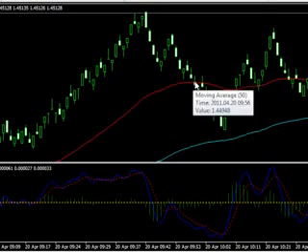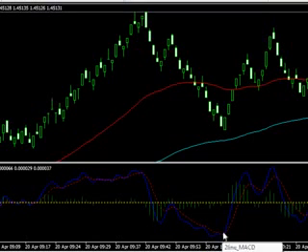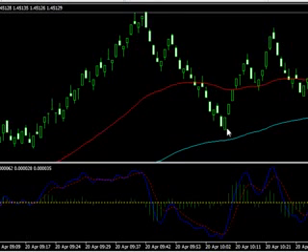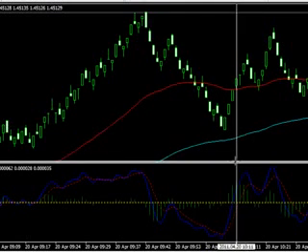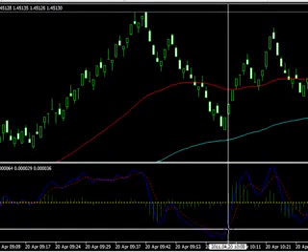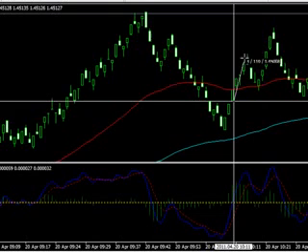Now this one, we touch the 50, and we're still waiting for the MACD to cross below. It keeps coming down, still within that range, and it's quite wide, which we like. And then it finally does cross, the MACD crosses, and it is below the zero line. So let's say we get in here, there's 10 pips there.